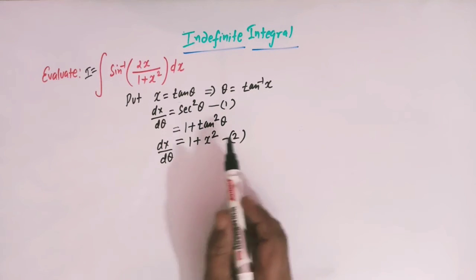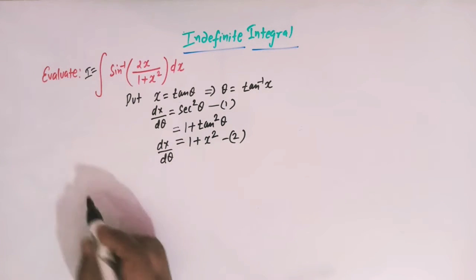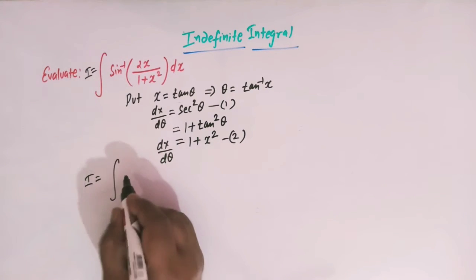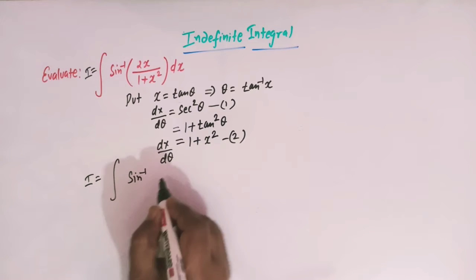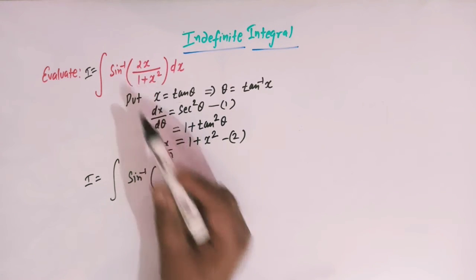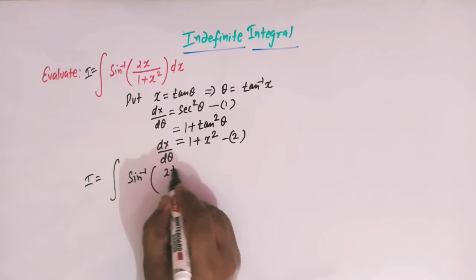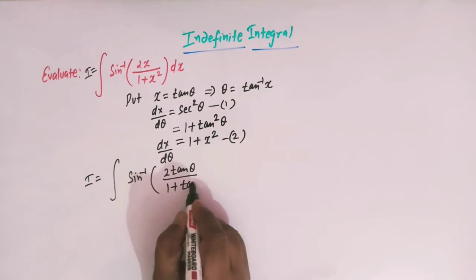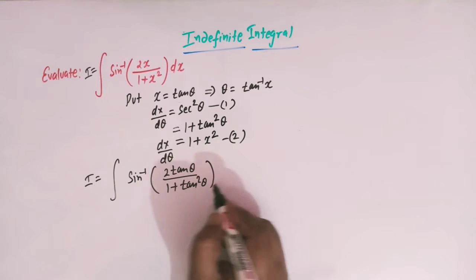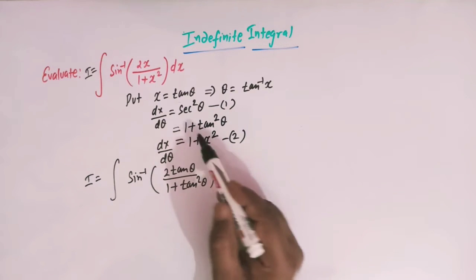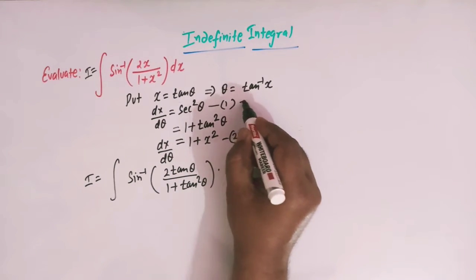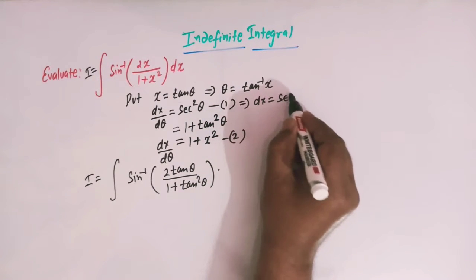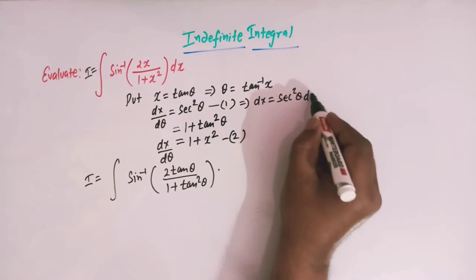Now let us come to the integral I, and we can now write it as sine inverse of 2 tan theta divided by 1 plus tan square theta. And for dx we can write dx is equal to sec square theta d theta.